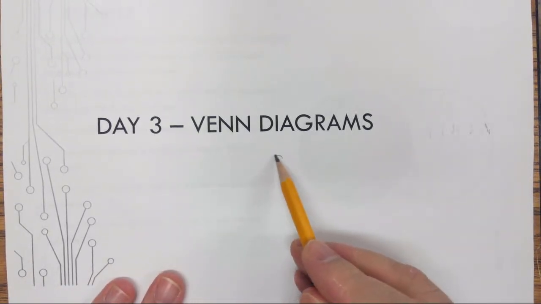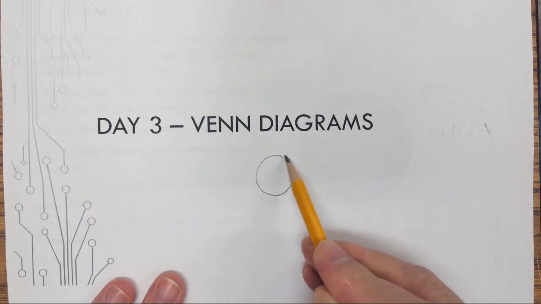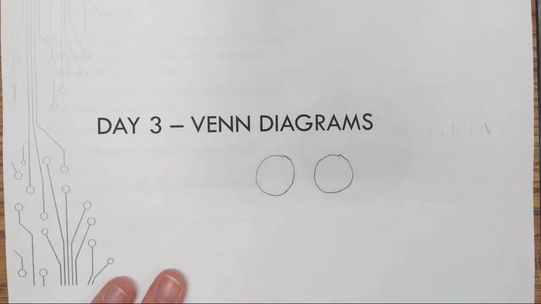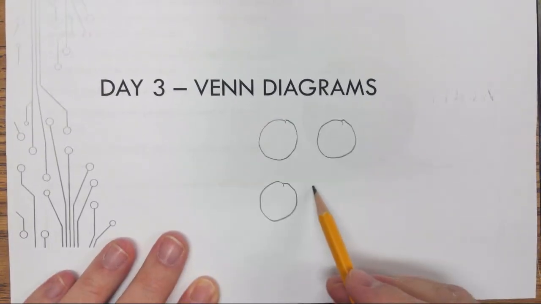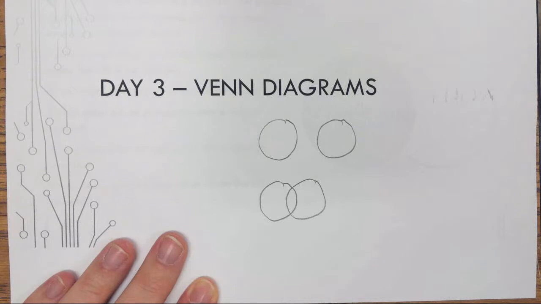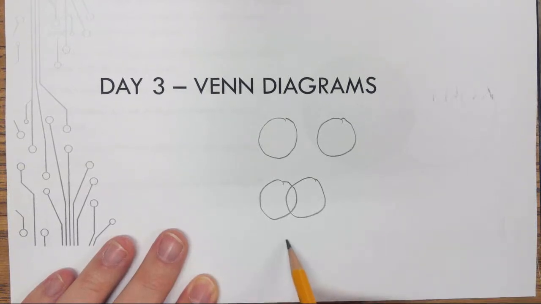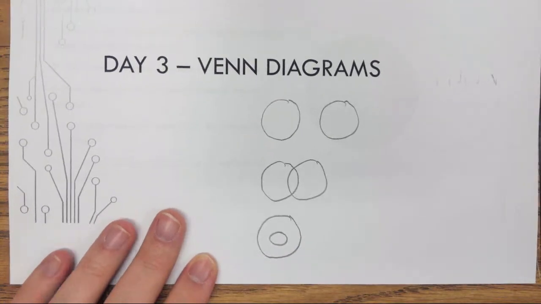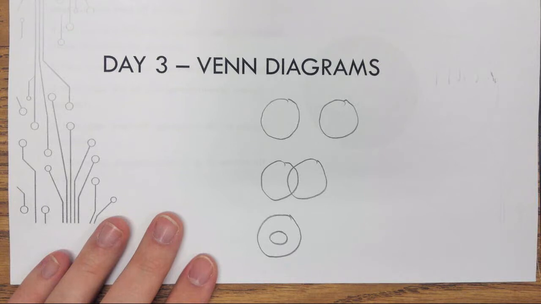So some examples of that, we might have a circle here and a circle here, or they might look like this where they kind of overlap, or they might look like this where the other circle is inside of the other one.